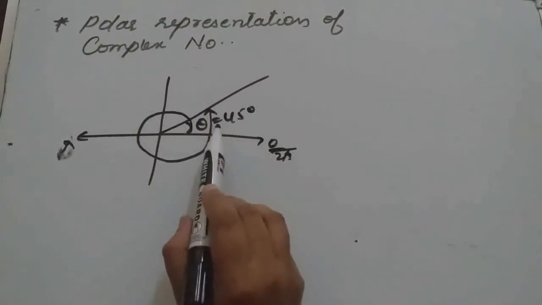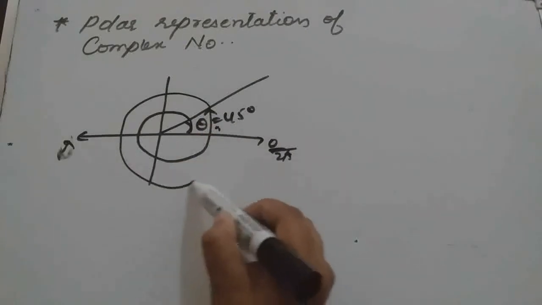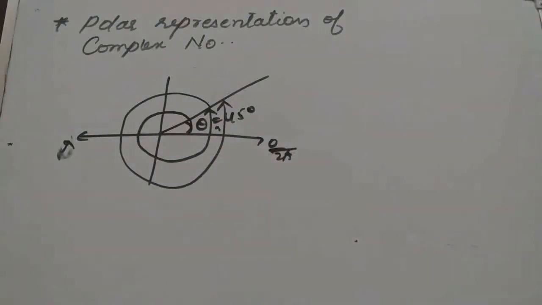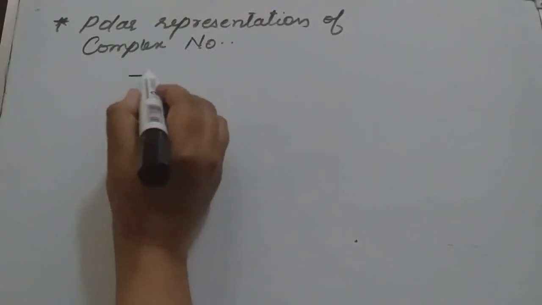That means the value will be the same, isn't it? Tan theta will be 1 only. And if we go on increasing like this, then also it will be 1. To get a unique value, we restricted the domain to minus pi to pi.